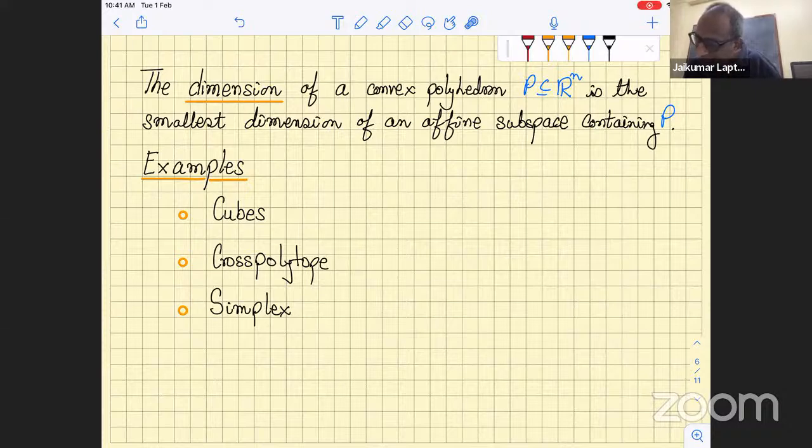So there are standard examples of polytopes. For example, the cube, which you know. So you take the convex hull of those 8 points. Which 8 points?